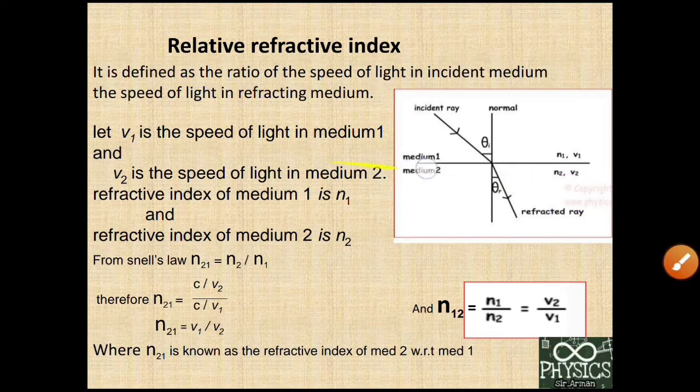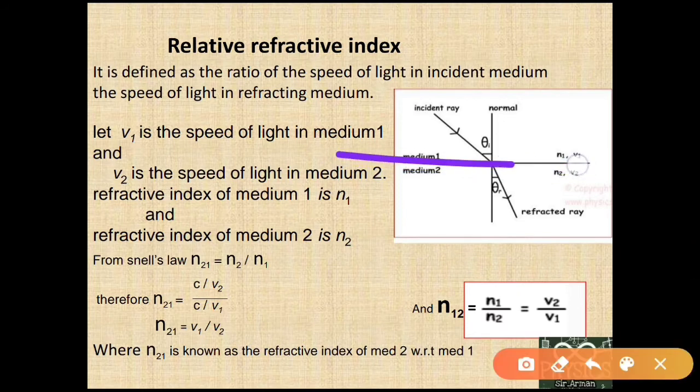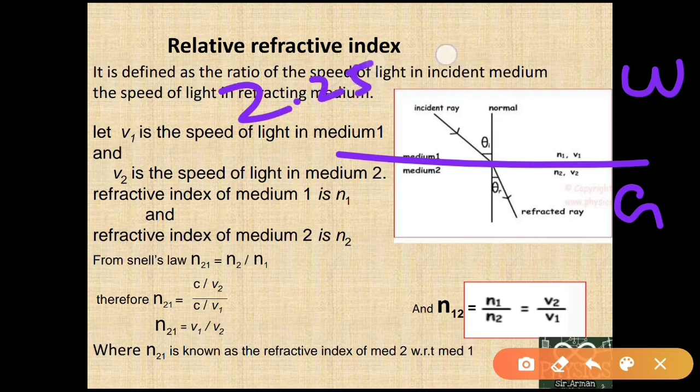For example, let us assume that here we have water and here we have glass. The speed of light in water is 2.25 into 10 raised to 8 meter per second. Now when the light goes into the glass, its speed becomes 2 into 10 raised to 8.